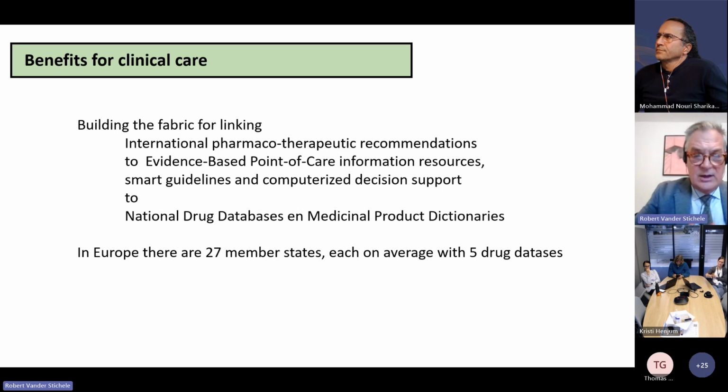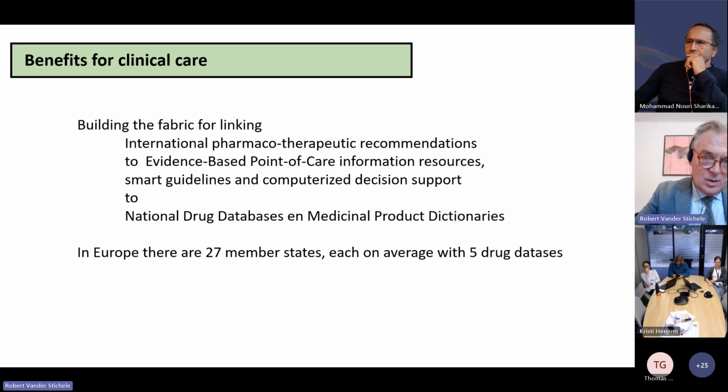And as you know, 27 member states, each on average with 5 drug databases. If we really want to provide the sometimes excellent applications that are built in universities, for instance, Karolinska Institute building the drug-drug interaction Sphinx database, and it's hardly used outside Sweden. So because of this problem, that the connection to all the databases in the other countries is too complicated.